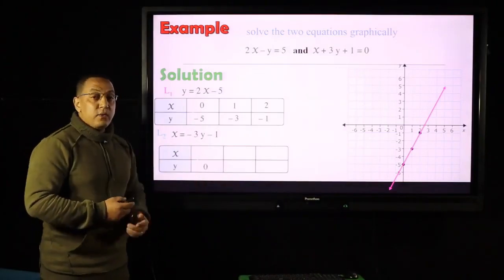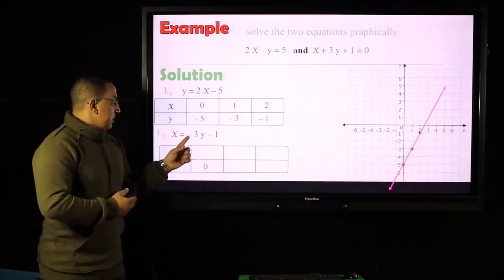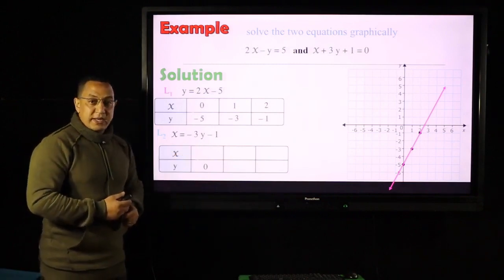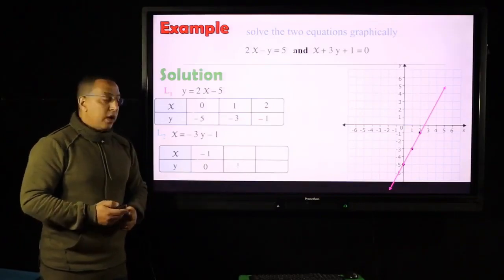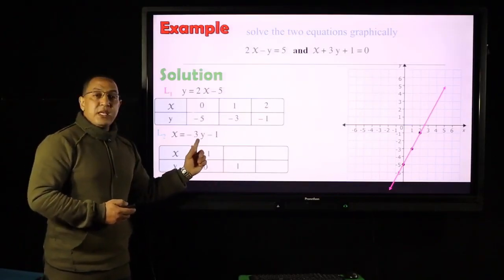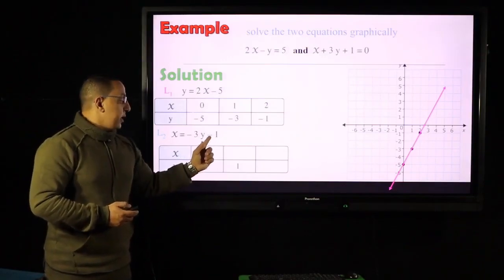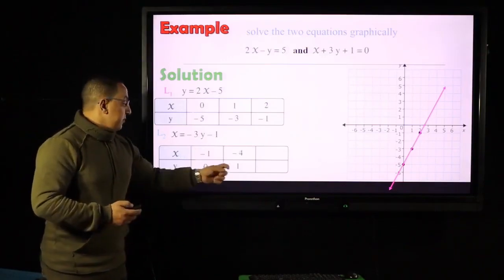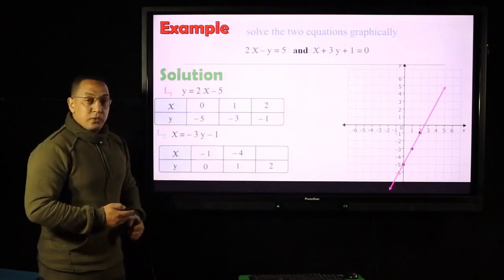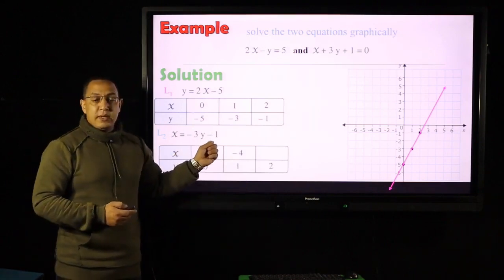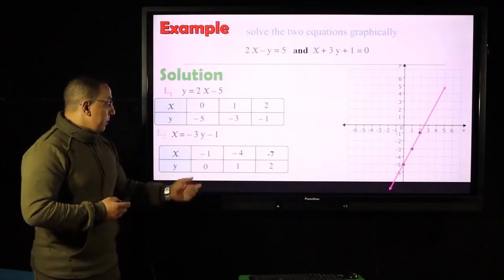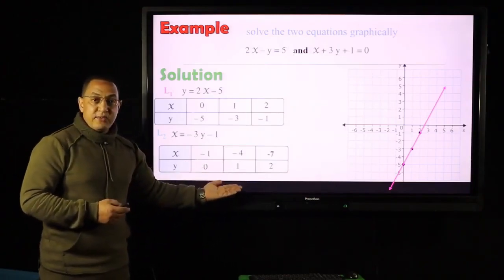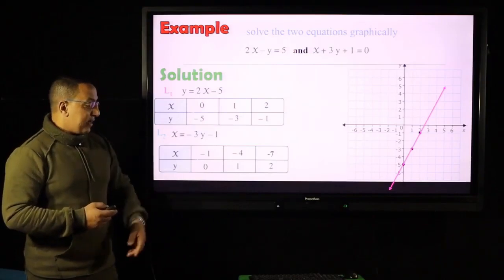Okay, if y equals 0, negative 3 times 0 minus 1 equals negative 1, so x equals negative 1. If y equals 1, negative 3 times 1 minus 1 equals negative 4. If y equals 2, negative 3 times 2 minus 1 equals negative 7, like this. Now I'm going to represent the three values of the table in the graph.